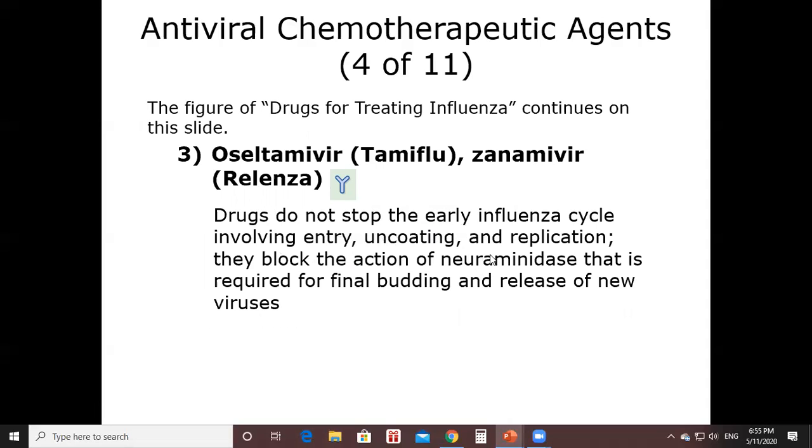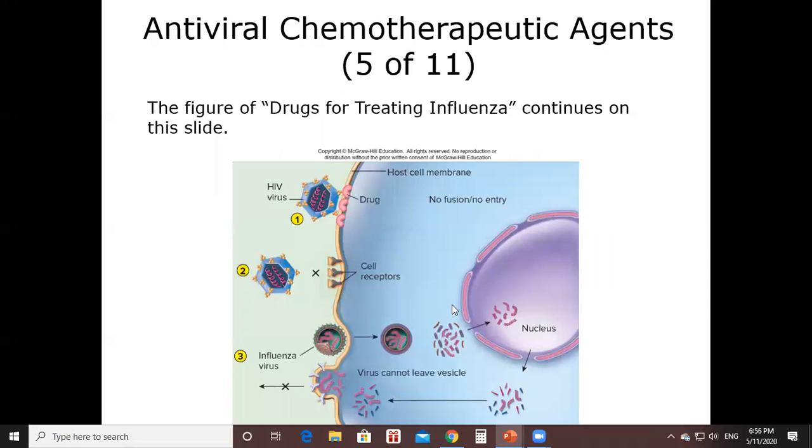What it does, after a virus gets in and takes over the metabolic system, is this particular drug, Tamiflu, blocks the action of neuraminidase that is required for final budding and release of new viruses. So whichever cell is infected, that cell is a goner, but it prevents the budding or release of new viruses.